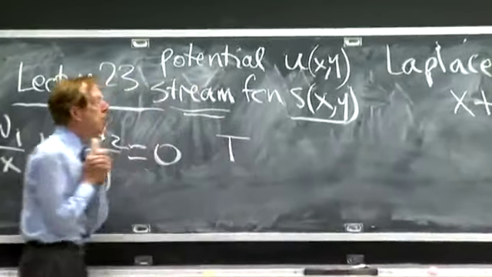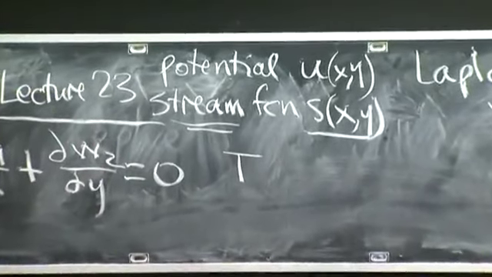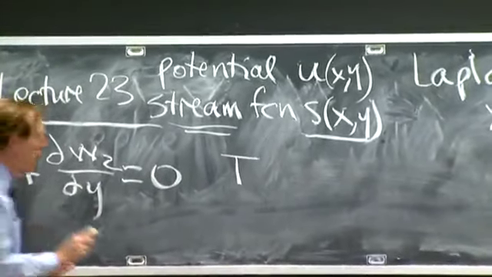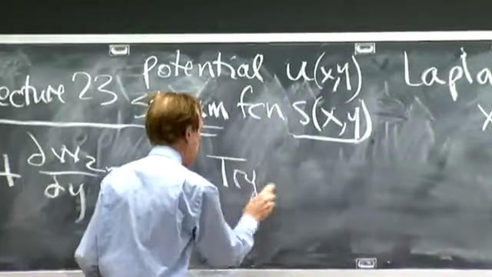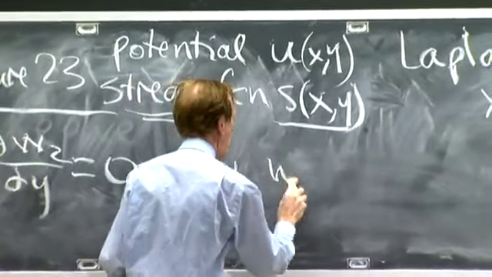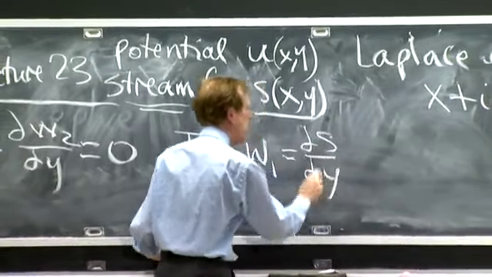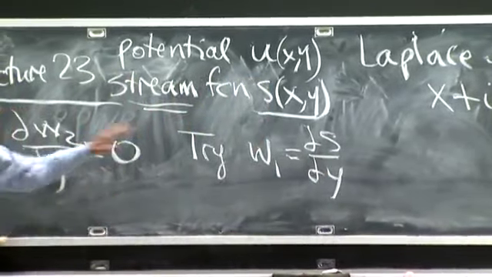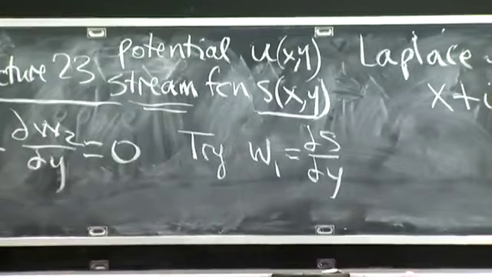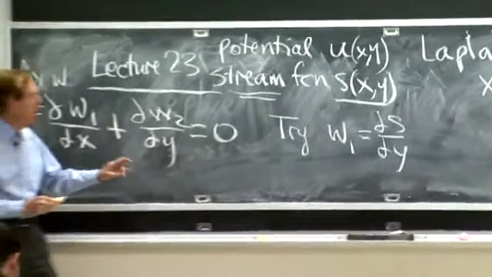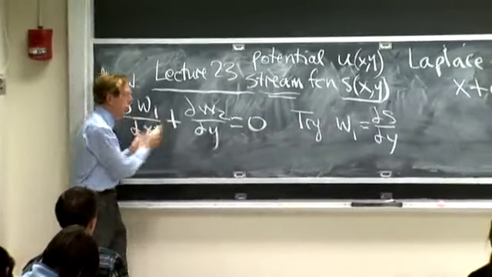And now the idea will be this. Let me try: I take any function s of x and y, any function whatever. Now I try, let w1 be ds dy. Maybe I should say I'm looking for solutions, okay?